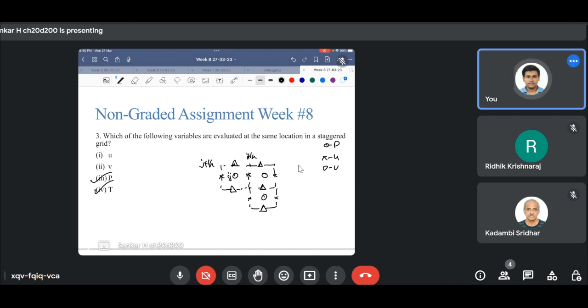Since pressure and temperature are scalar functions, not vector functions, we avoid checkerboard pressure oscillations just by changing the positions of the velocities, by measuring them at a cell that is half distance apart in the x and y direction.